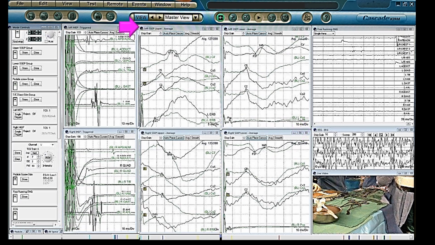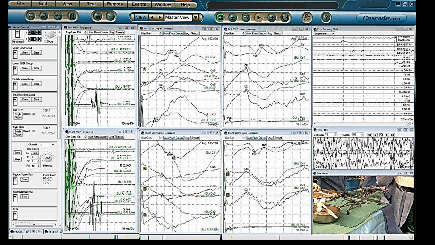In addition, in this screen, we can monitor sensory functions from the left upper extremity and right upper extremity, and from the left lower extremity and right lower extremity. These 4 panels are used for the evaluation of somatosensory evoked potentials. To complement this, we have a view of the operating field.